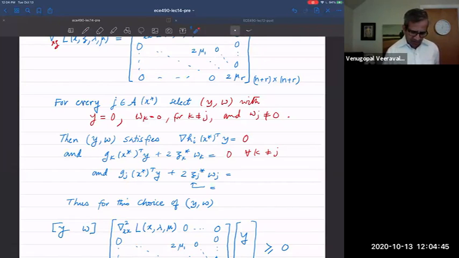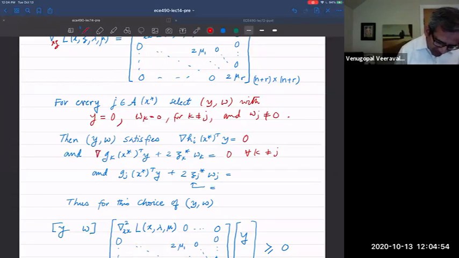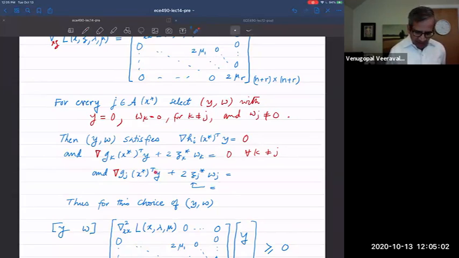So I have the gradient of gj transpose, oh, I forgot to put the gradient sign there. Okay, there we go. So the gradient of gj, this part is again 0 because y is 0, and then wj is not 0.